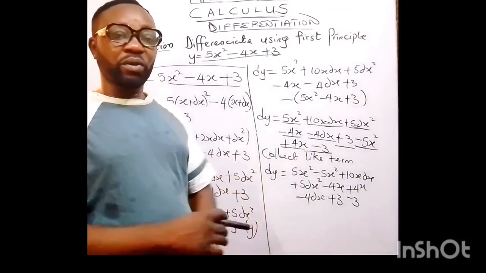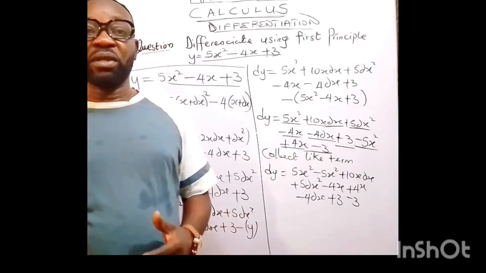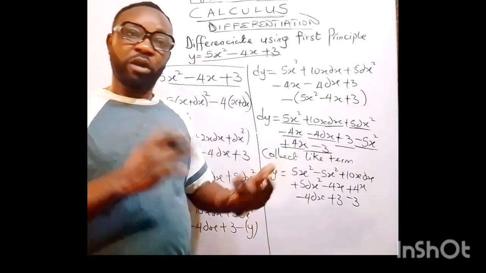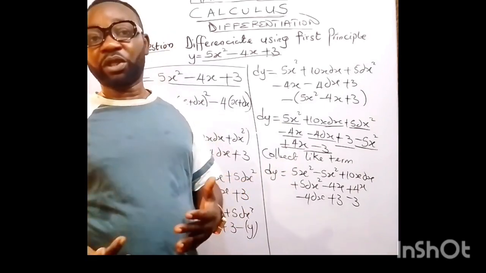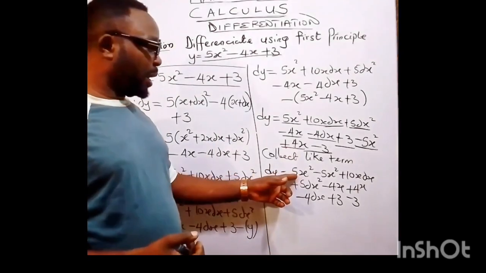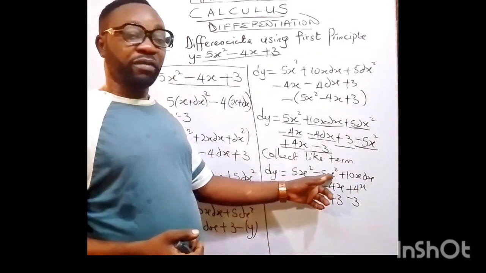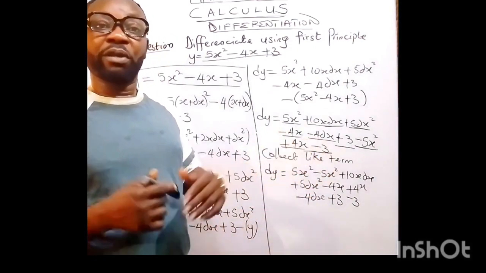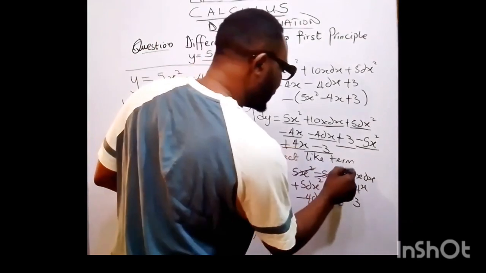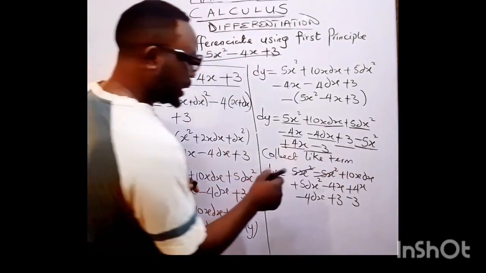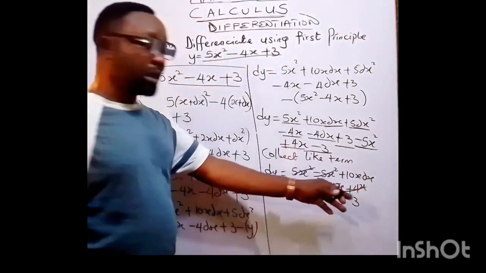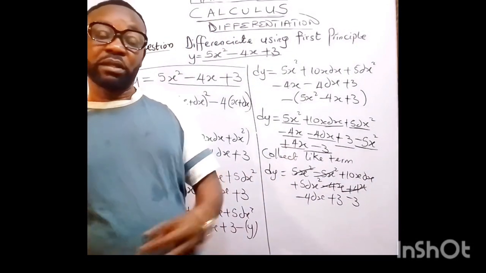Now the next thing I'll do is look at those like terms. What is the relationship between them? What are those things that they will do with each other? Is it addition to one another? Is it subtraction from one another? Now I'm having here 5x squared minus 5x squared. It's like you say 5 minus 5, that will be 0. So this one will cancel each other out. That's 0. Then what other terms look alike again? Minus 4x plus 4x. It's like you say 4x minus 4x. That is the same thing.